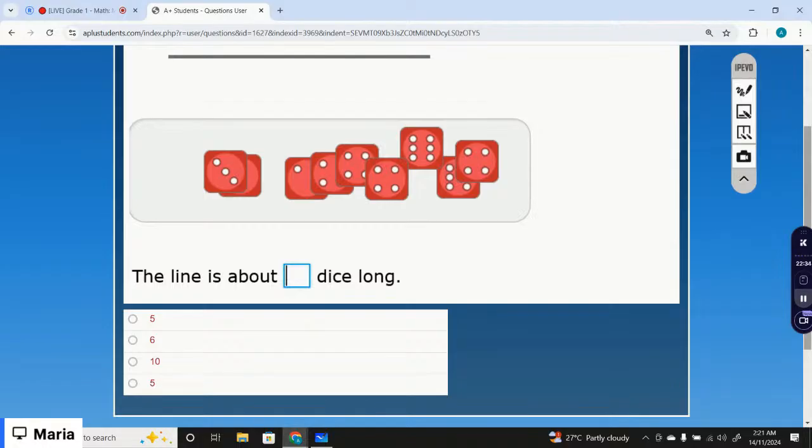You have to place the dice with the line and you have to measure. Get so many dice with you, make a line, start keeping the dice from the right corner of the line and keep them without any distance until the left end of the line, and then you have to count how many dice you have placed, right?